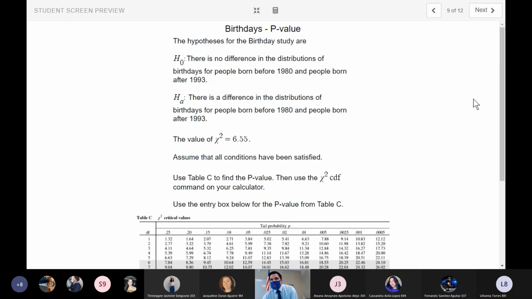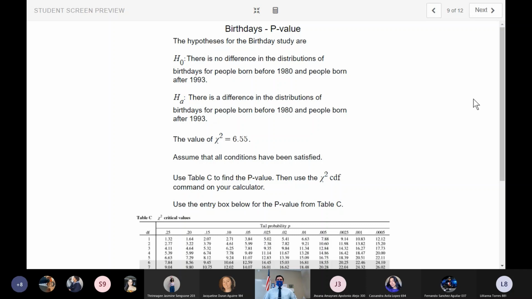We'll go to the next one. All right. So now we're going to be finding our p-value. Assuming that you don't have the p-value from the previous calculation, our null hypothesis is that there is no difference in the distributions of birthdays for people born before 1980 and people born after 1983. The alternative is that there is a difference.